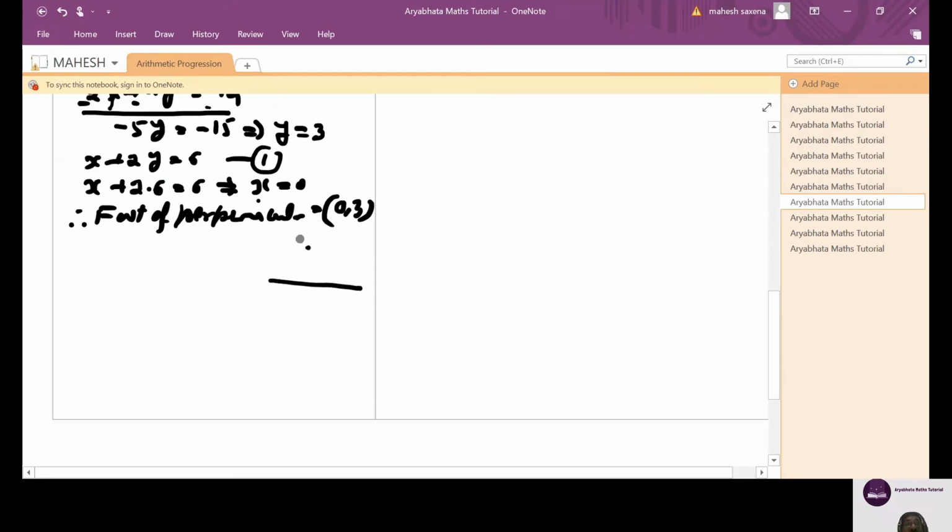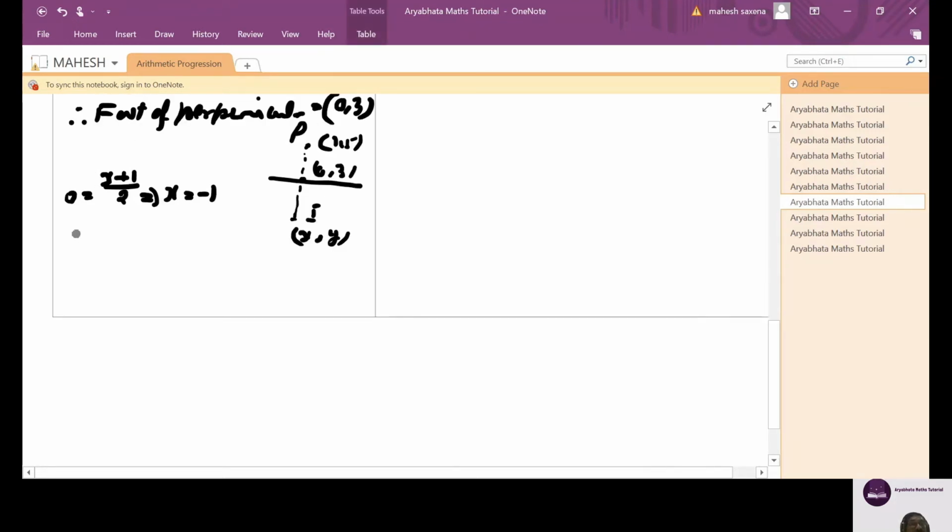Now the point P has coordinates 1, 5 and the foot of perpendicular is 0, 3. Let the image have coordinates x, y. Then the foot of perpendicular 0, 3 will be the midpoint of P and I. Therefore, in this case, 0 is equal to x plus 1 upon 2, which implies that x is equal to minus 1.